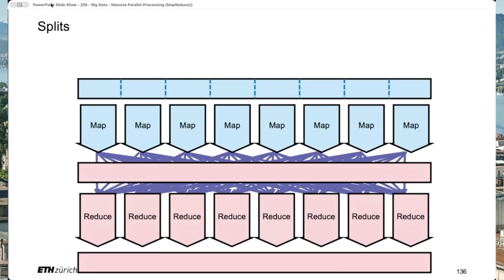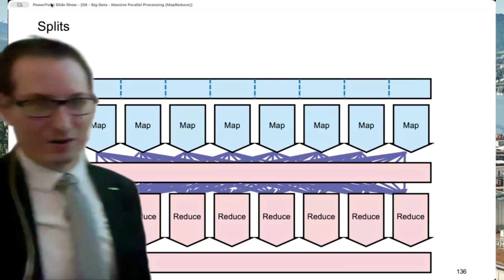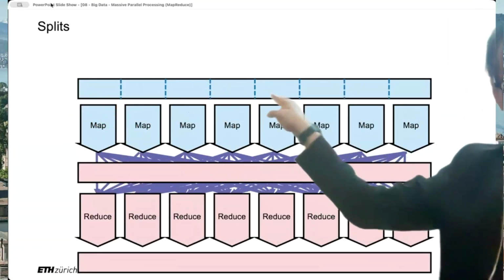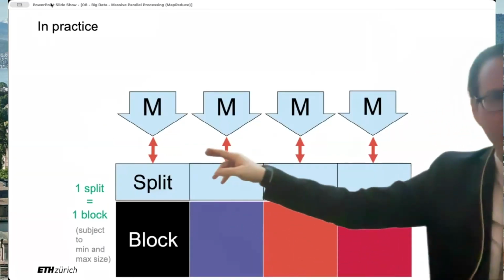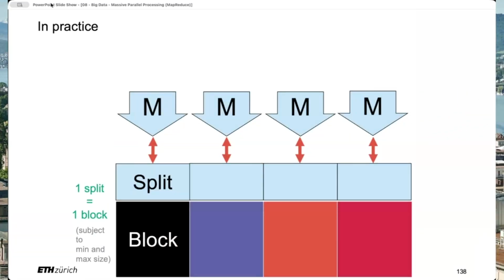So we have these splits, which are the partitions of the input, one for every task, and one for every block in HDFS. But there is a small problem that arises when we try to say there is one split for every block, which is that a block in HDFS is at most 128 megabytes. You remember that, 128 megabytes.